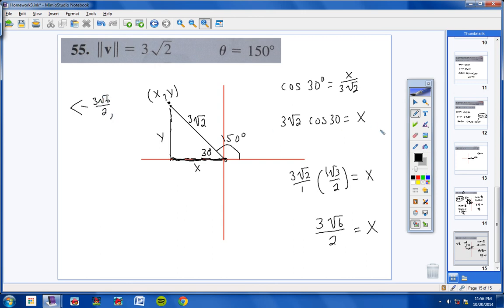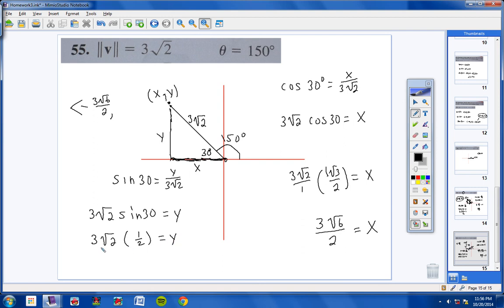Now let's solve for y using sine. So sine of 30 equals opposite over 3 square root of 2. Multiply both sides by 3 square root of 2. 3 square root of 2 sine of 30 equals y. And of course, sine of 30 is 1/2. So 3 square root of 2 times 1/2.